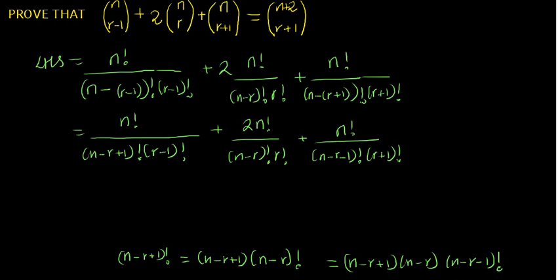Okay. And then notice that we have got n minus r here, we've got r here, and then we've got r plus 1. We need to make them the same. Well, the biggest number we have here is r plus 1. r is just 1 unit below r plus 1, and r minus 1 is 2 units below r plus 1.